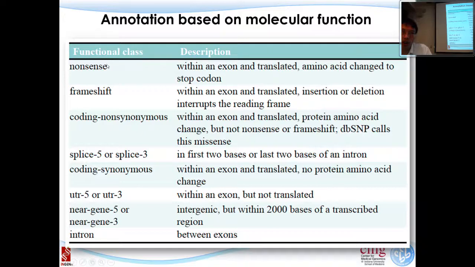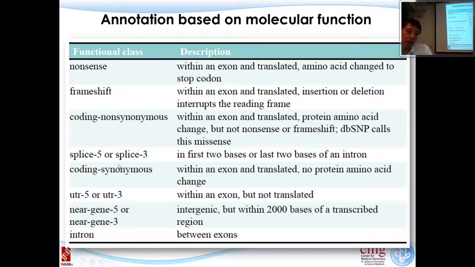Sometimes there are variants that could be frameshifts, and those can be annotated as well. And if it's a coding variant, whether this variant is a non-synonymous SNP, meaning the nucleotide change will cause the amino acid sequence to change. Those are important parameters that we look at.